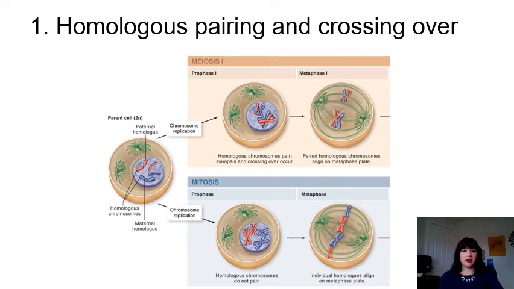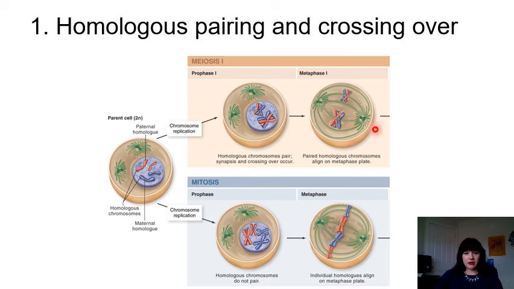First of all, homologous pairing and crossing over. This occurs right away at the beginning of meiosis. The cell has undergone S phase, whether it's going through meiosis or mitosis. But in meiosis 1, we can see that the homologous chromosomes are pairing up. They're laying right on top of each other. That's not happening in mitosis, where they're just randomly floating around in the nucleus, and during metaphase they line up separate from each other.